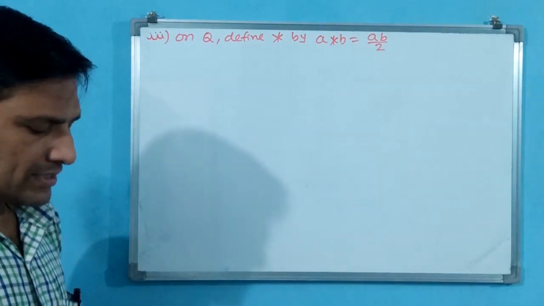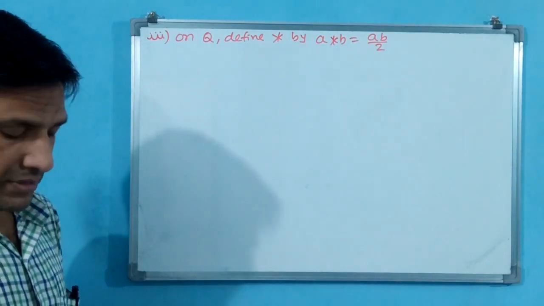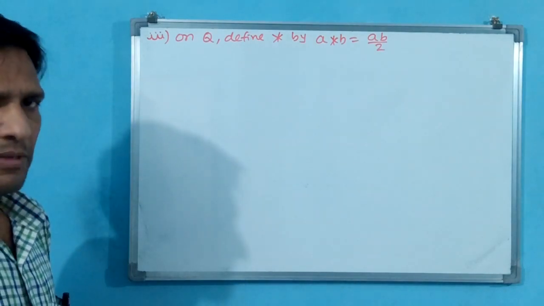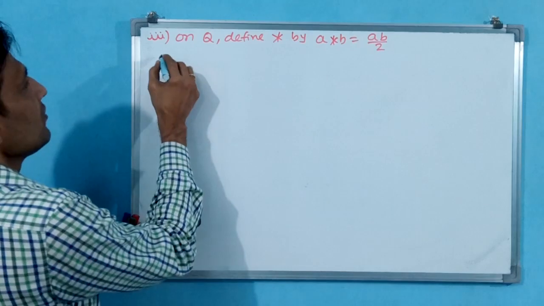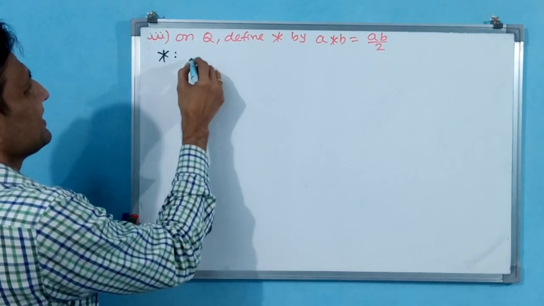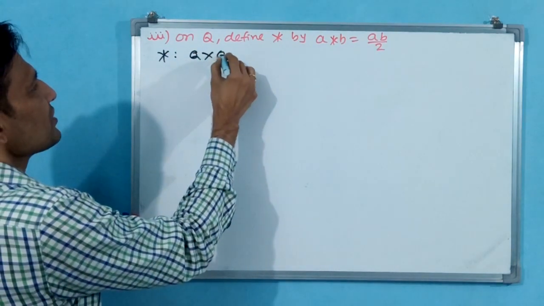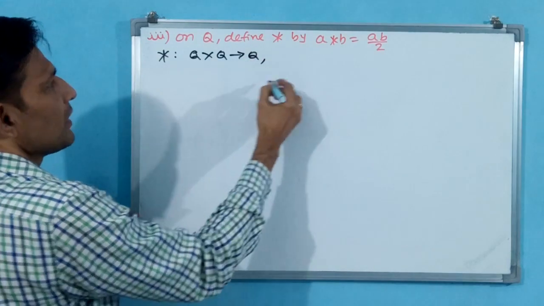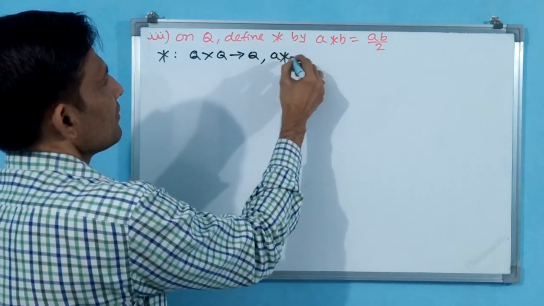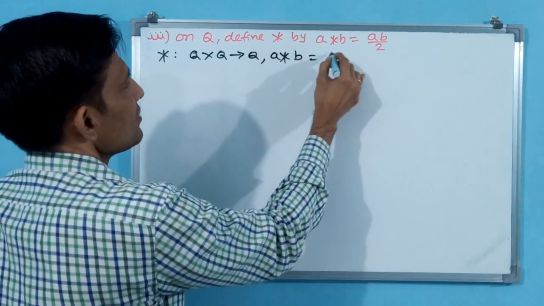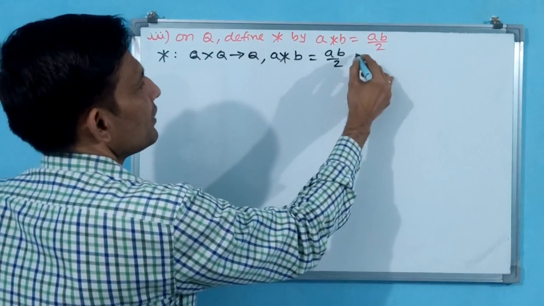Okay, here also let us take some elements A, B, C. First, before that you write the operation. How? Star colon Q cross Q to Q, comma, A star B is equal to AB by 2.